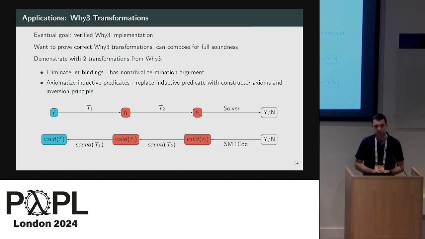As well as the axiomatization of inductive predicates, where each inductive predicate is replaced with axioms asserting that its constructors are true and the inversion principle holds. And this turns out to be a much more involved proof, relying on the least predicate properties of inductive predicates. However, the important thing is we don't need to reason about our complicated encoding. We only need to reason about those higher level properties in this proof.